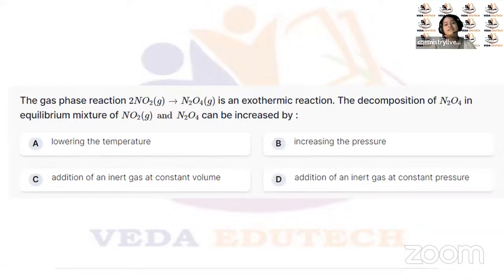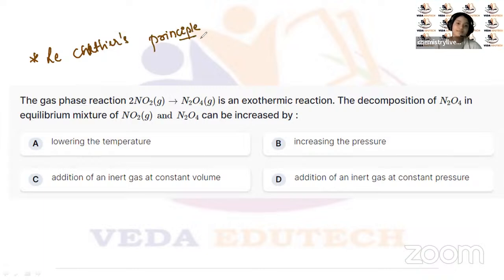Yes. So this question is from, I'll give you a hint. This is from Le Chatelier's principle. Yes. So try this, everyone. Pause for a moment and try this question.